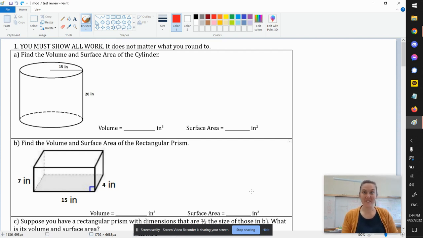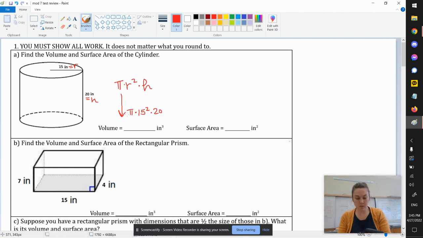All right, let's go. First, we're gonna find the volume and the surface area of the cylinder. The volume for a cylinder is the area of the bottom, so pi r squared, times the height. Here is the height, here is the radius. So here we're just going to do pi times 15 squared times 20. We're going to plug that into a calculator.